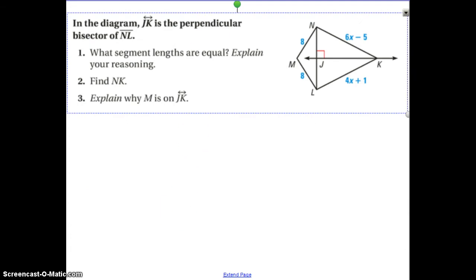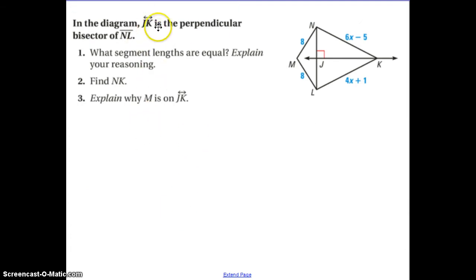All right, let's look at this example here. In the diagram, JK is a perpendicular bisector of NL. What segment lengths are equal? Well, this is just like what we talked about before. If this is a perpendicular bisector, then these lines are equidistant, so we know that these sides are equal.